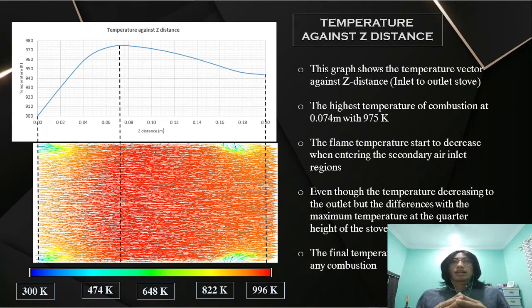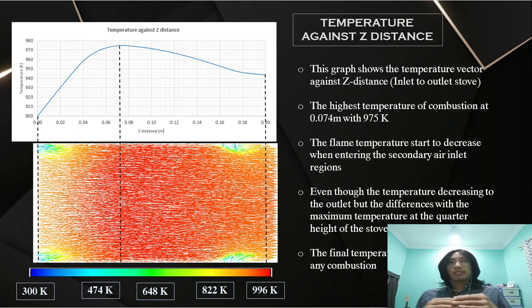So next, from the CFD software, I have simulated the temperature vector of the combustion. As you all can see, I have plotted the temperature against z distance.